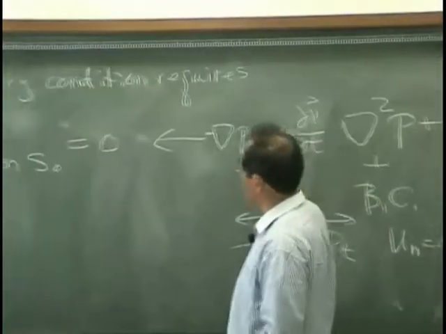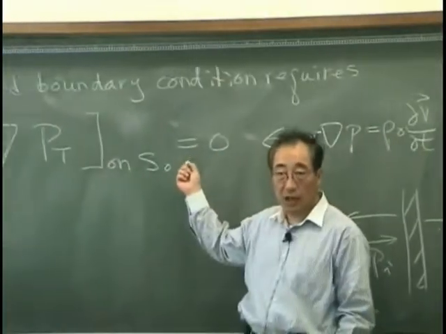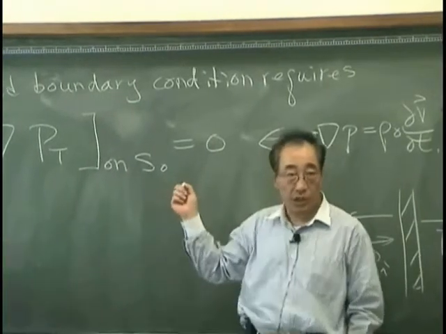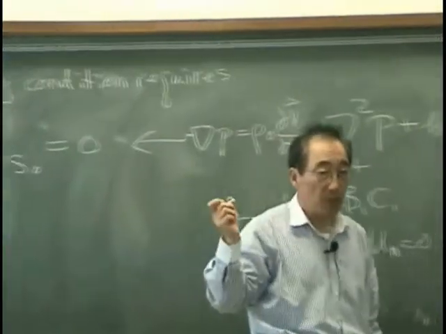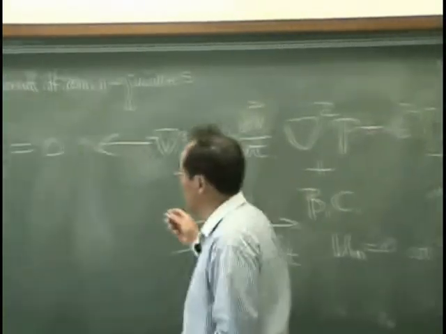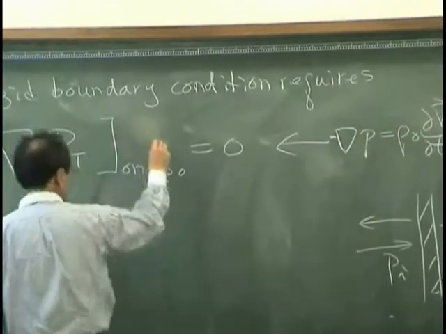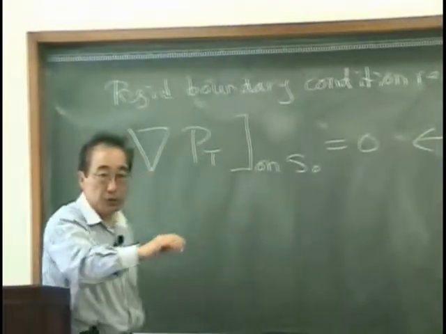So using the Euler equation I can argue that del PT on S0 is 0. In other words, that is the expression of a rigid boundary condition.